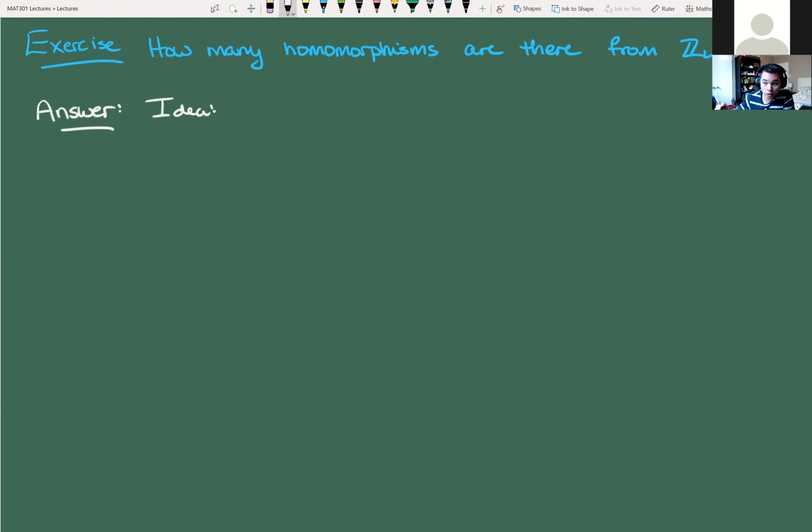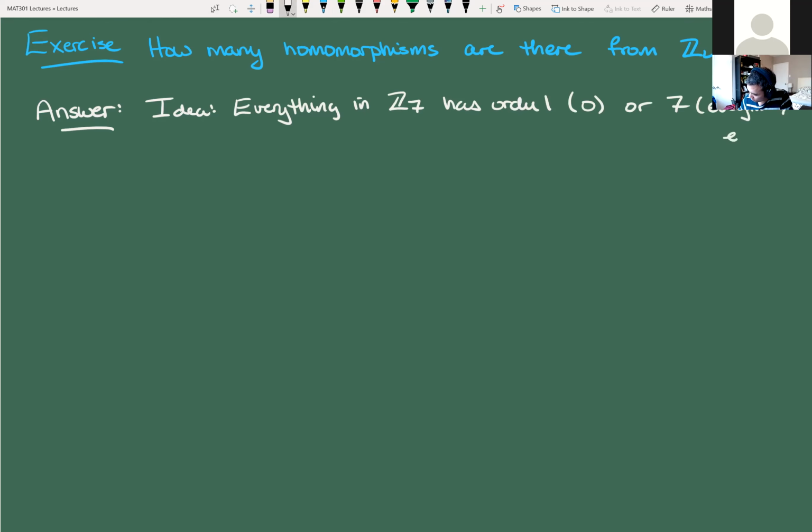Everything in Z7 has either order 1, the identity, or order 7. Do you agree? Because Z7 is cyclic, and every nonzero element of Z7 generates Z7 because it is coprime to 7, right?